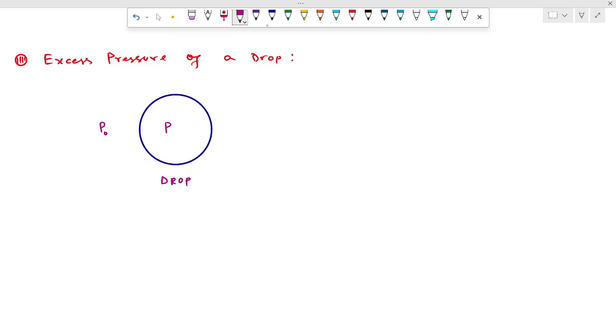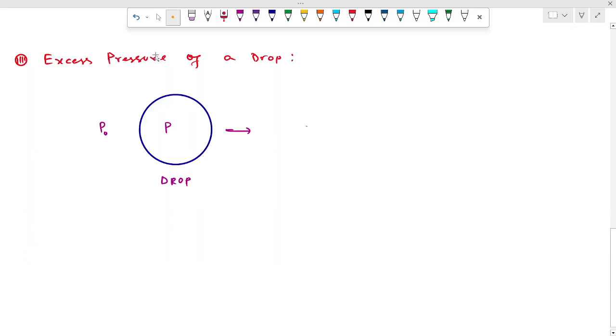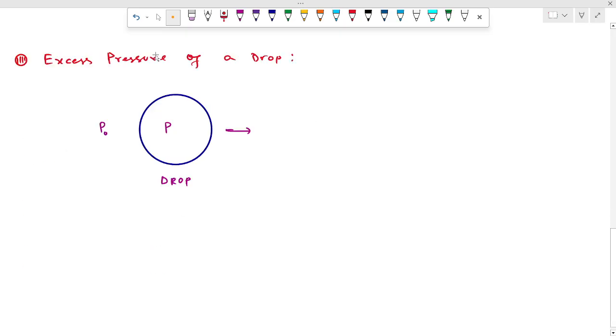Fine. Now, see, suppose we want to increase the volume of this sphere, drop. Okay, how to do that?